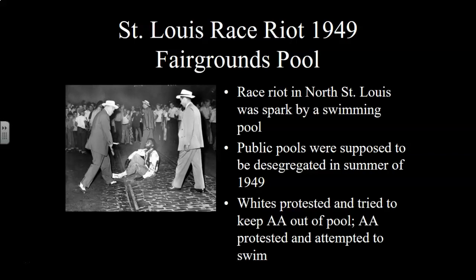On this day where the swimming pools were supposed to be desegregated, we have a number of black swimmers who are coming to what was previously a white pool, and basically they were ready to swim. There were some white protesters who wanted to keep them out of the pool, and all of a sudden a race riot develops.